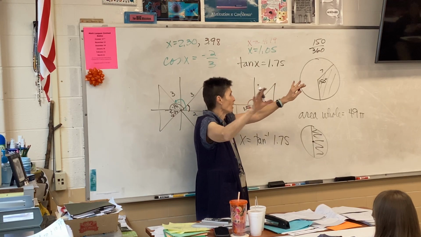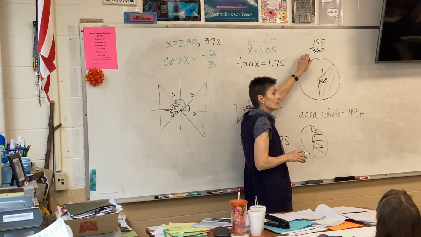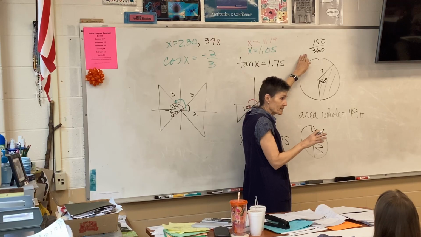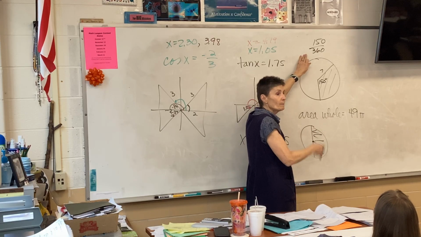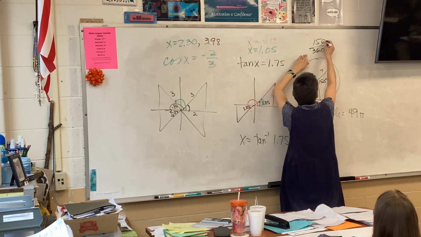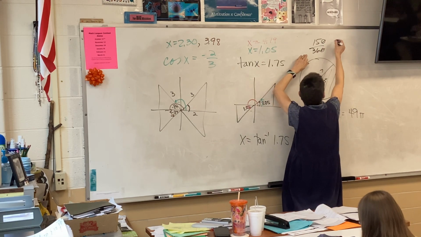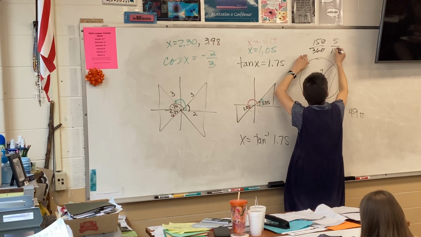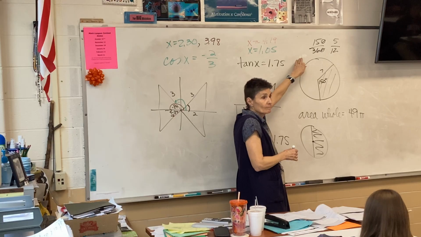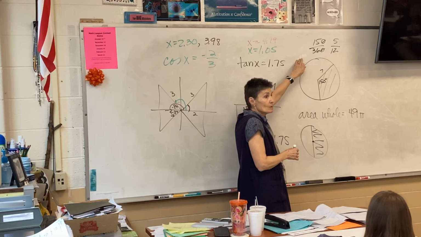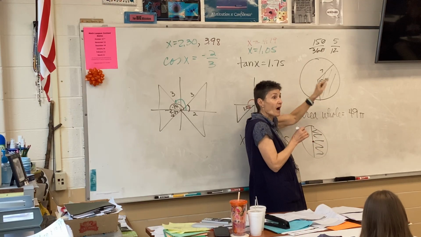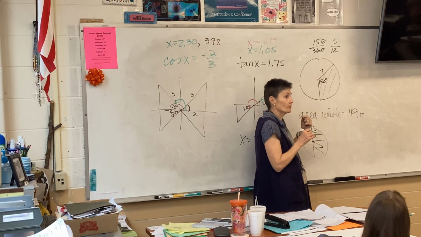Now we gotta finish the problem. So the whole circle would be 360 out of 360. Half the circle would be 180 out of 360. We have 150 out of 360, which is 5/12 of the circle, right? So we want to know what the area of 5/12 of the circle is.